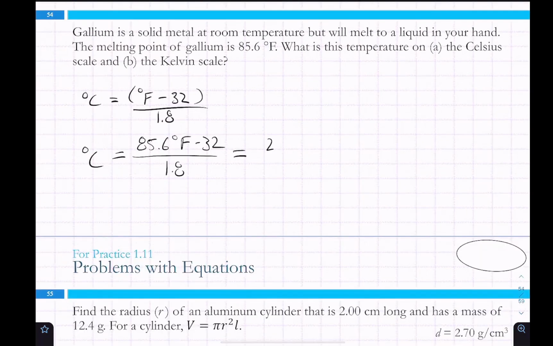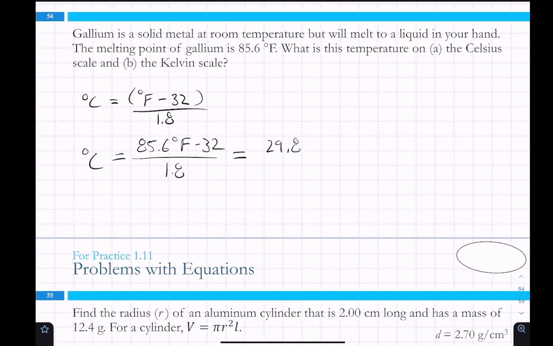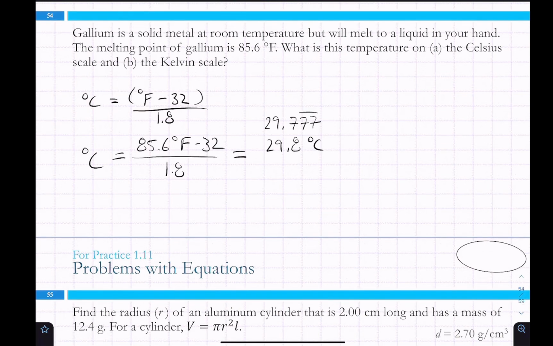So let's see, I got 29.8 degrees Celsius. And I guess I should write this as 29.77 repeating. The sig figs here are going to end up being whatever it is in the initial. So whatever number goes in, keep that same number of sig figs.